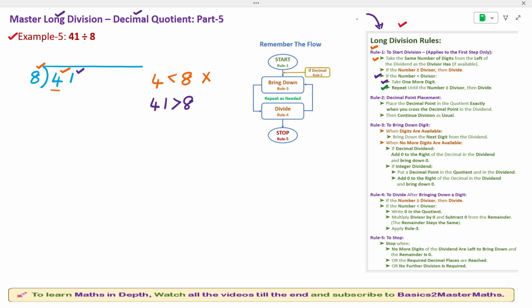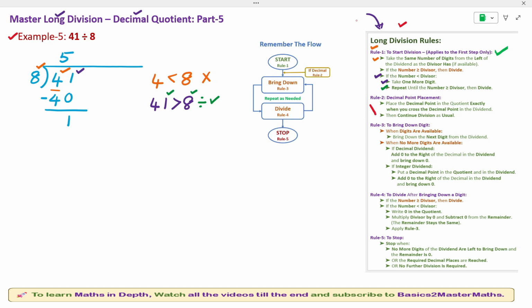As per the rule, if the number is greater than or equal to the divisor, then divide. 8 fives are 40. So you will get 1 as the remainder. Now step 1 is complete.